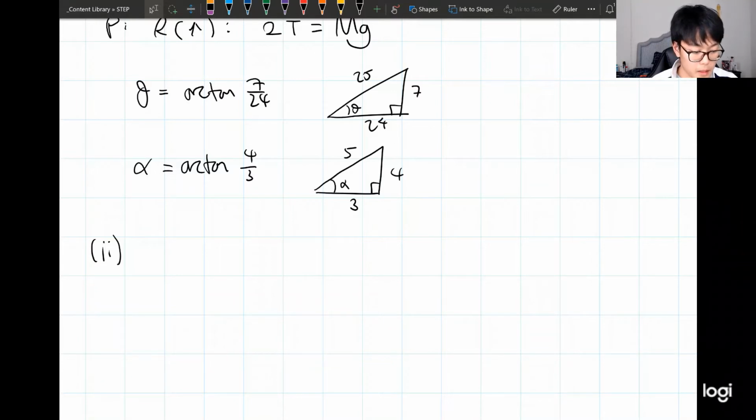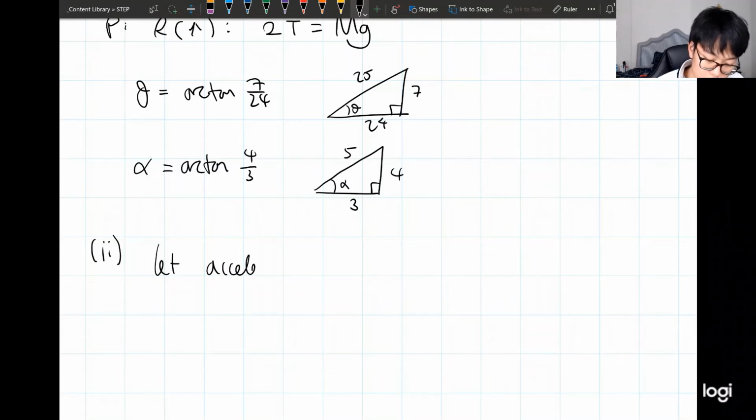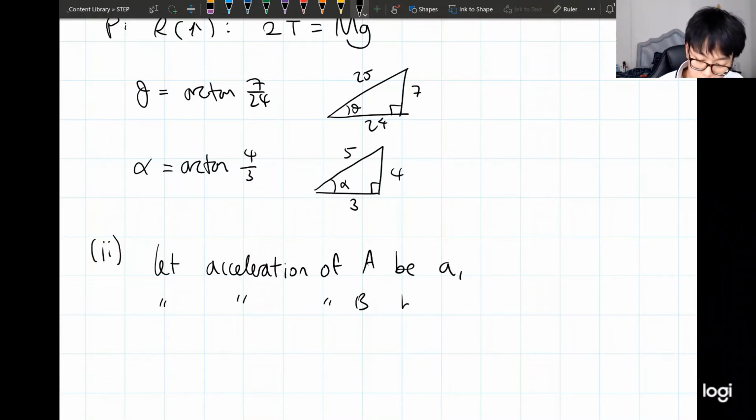So let the acceleration of A be a1, B be a2, and P be a3.